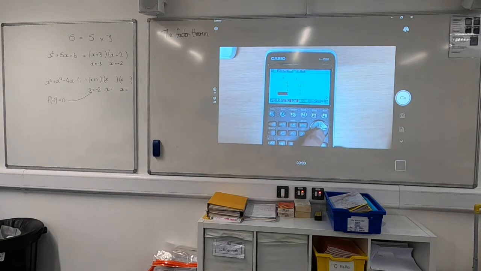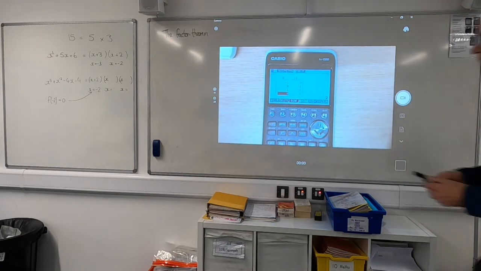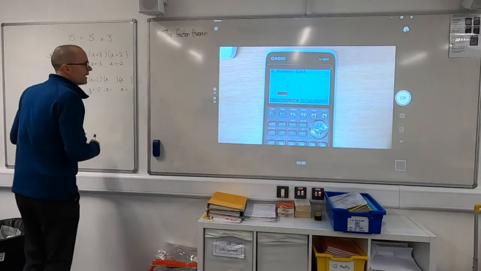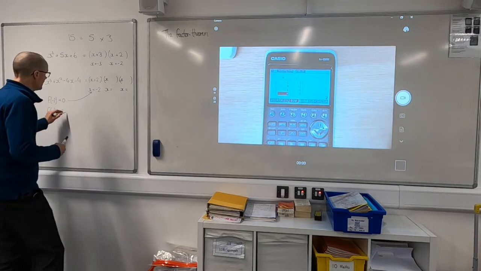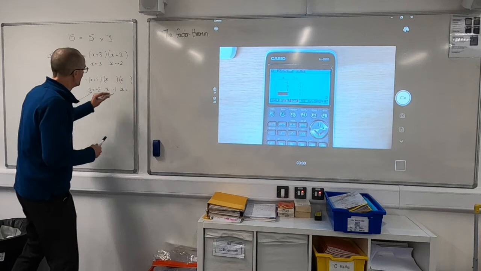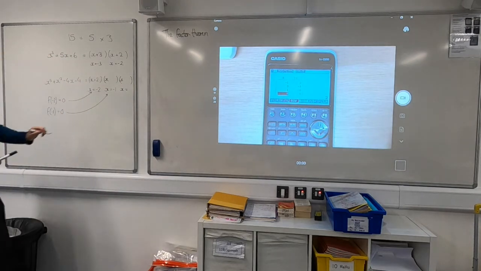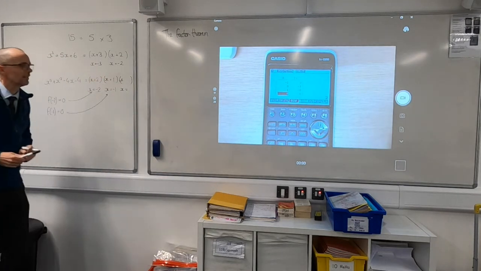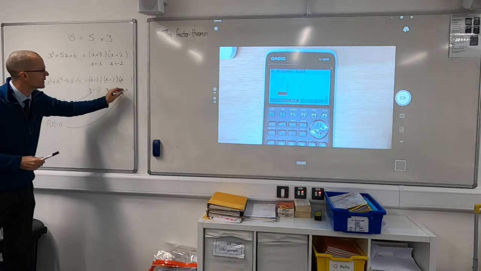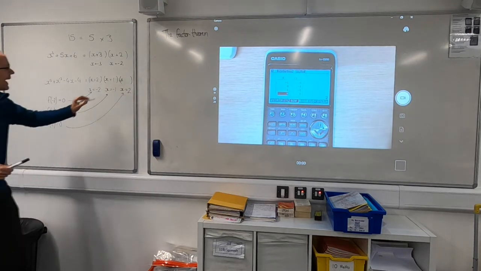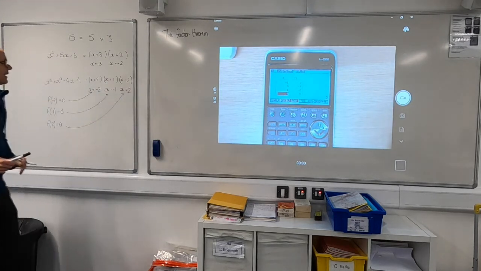There we go. -1 and 2 are also solutions. So f of -1 is 0, so that gives me the solution x is -1, which gives me the factor x plus 1, and then f of 2 is also 0, so that gives me the solution x is 2 and the factor x minus 2.